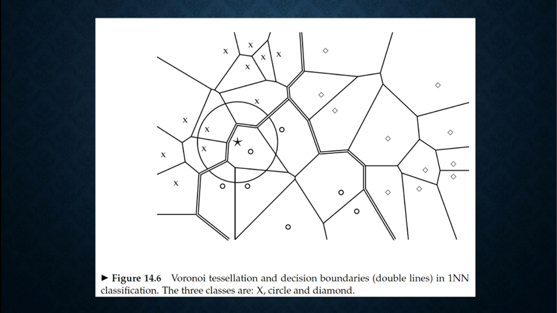As you can see, if we use 1NN, the star will be assigned to the circle group. And if we use a k value of 3, the star will be assigned to the other group. 1NN is not very robust.